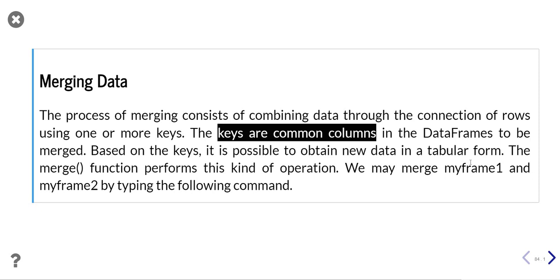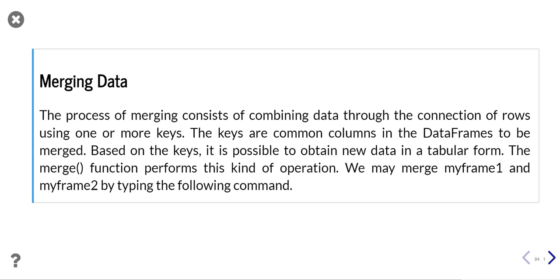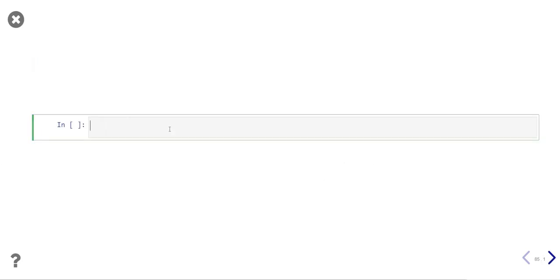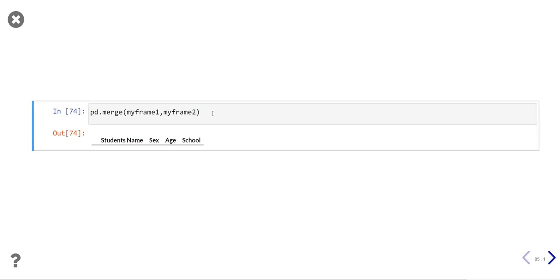So let's say you want to merge my frame 1 and my frame 2. Let's see what happens when you try to merge them. We are using pandas and we use the function merge, my frame 1, my frame 2. See, when you merge, what happens?